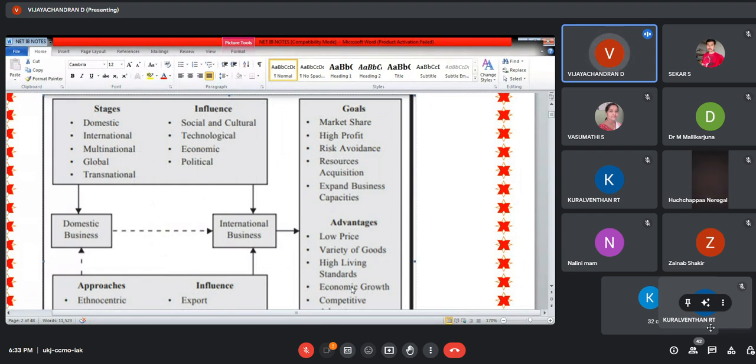Next they will move to internationalization. Internationalization means what? Business between two nations. So they will trade between two countries only. At the beginning stage, international trade will occur.